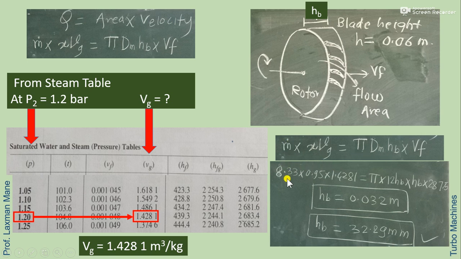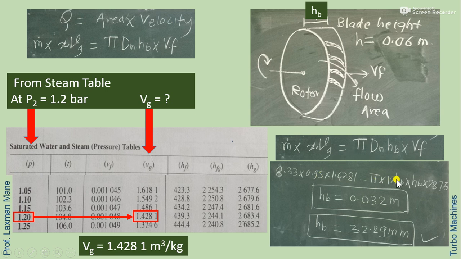So m dot calculated, x value 0.95, Vg value from the steam table, right side pi into DM and HB. Here diameter is given 12 times height, so 12 times HB into blade height, and this is flow velocity.